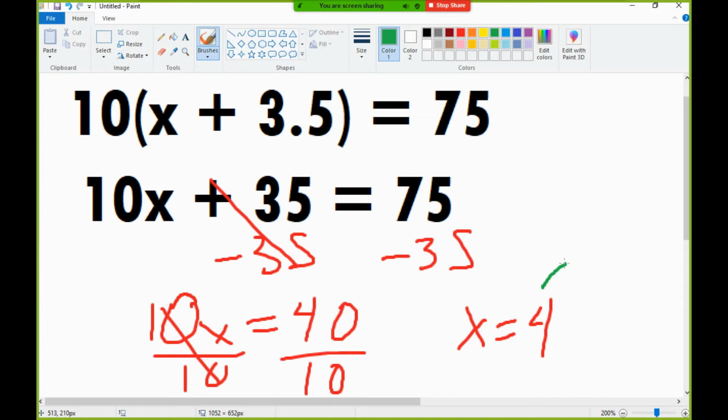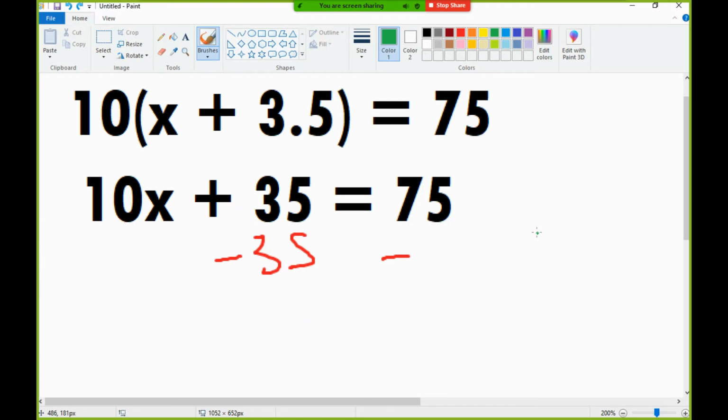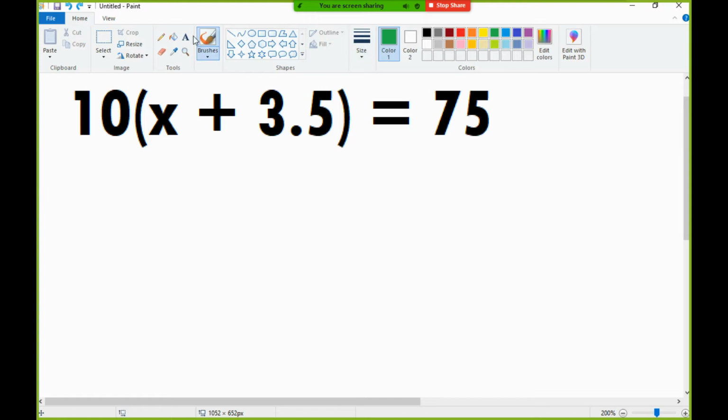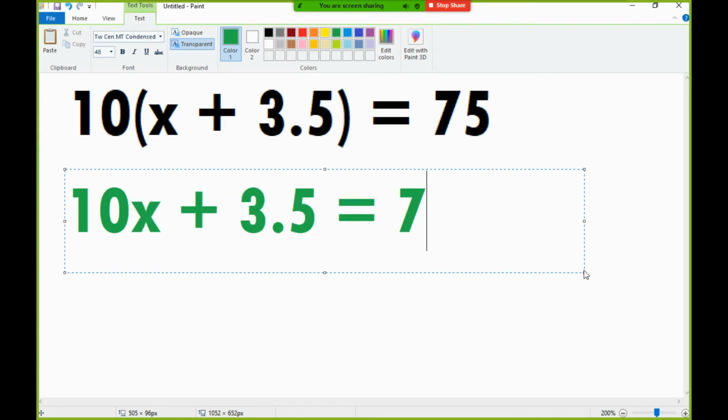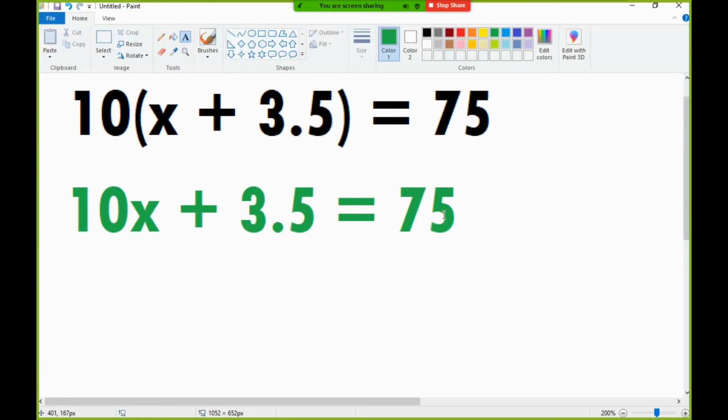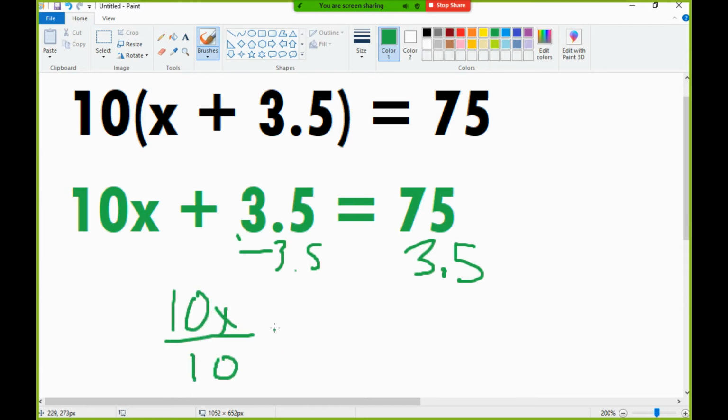And the nice thing is, if you end up in a spot like this, where you distribute and you forget to distribute to the second piece, and then you go ahead and go through this and subtract 3.5 on both sides, you get 10x equals 71.5.